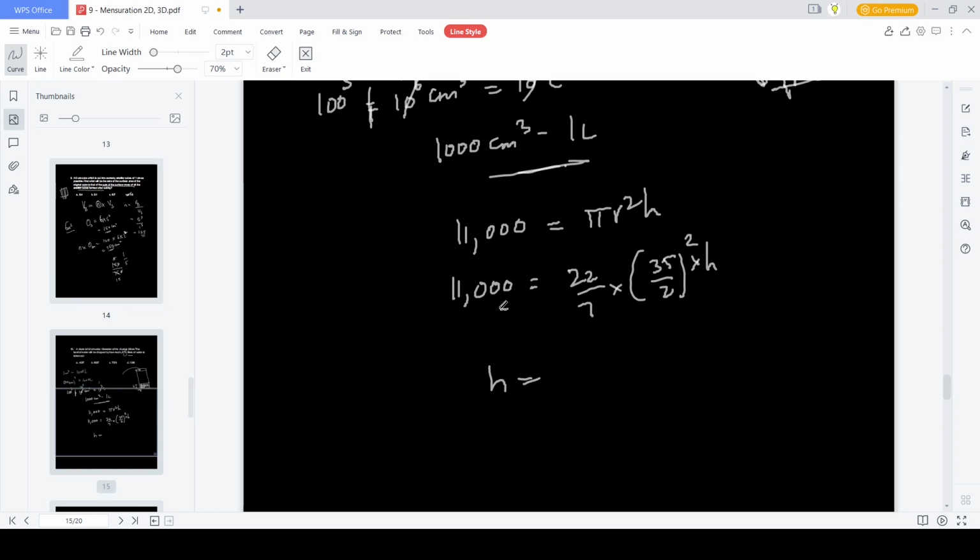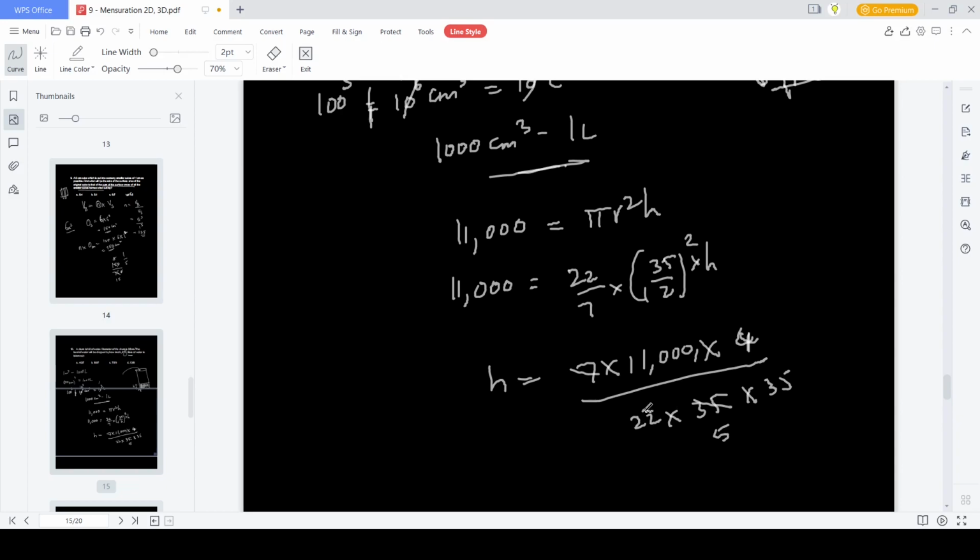So h is equal to 7 into 11,000 into 4, divided by 22 into 35 into 35. This can cancel 5 times, 22 can cancel 2 times with 11,000 giving 1,000 times, and this goes 500 times.